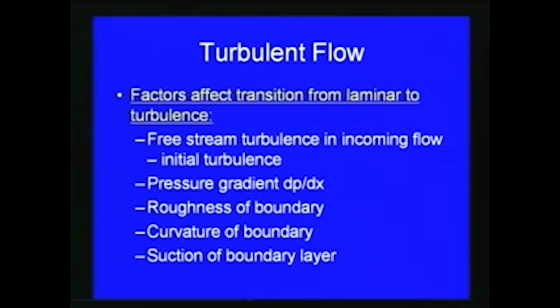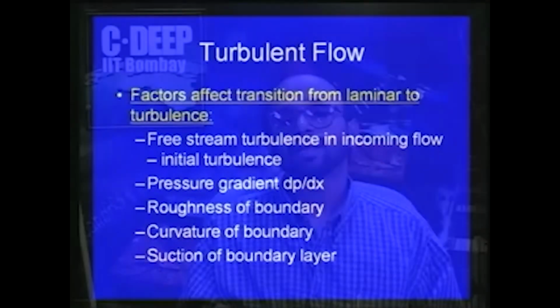So, the third reason which I have listed here is the roughness of the boundary, and the fourth reason can be curvature of boundary. If the flow is taking place in a smooth and normal horizontal direction, and then a sudden curvature is there, in this case, due to various parameters of the flow changing, the laminar flow can become turbulent.